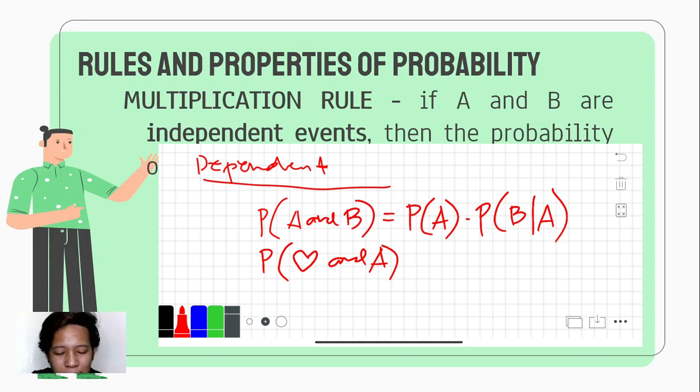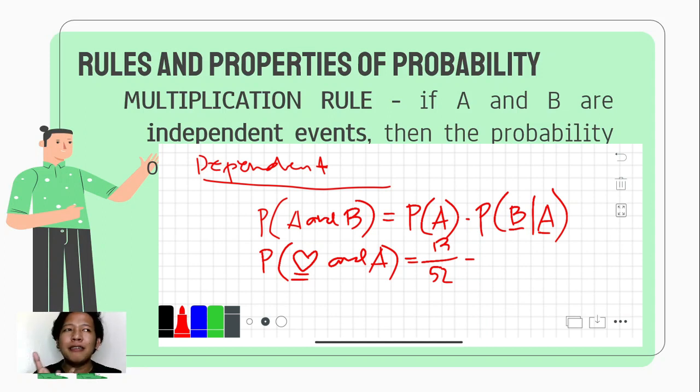So, we have the probability of getting a heart. That's our event A. The probability of getting a heart is 13 over 52 because we have 13 heart cards in the deck. And then, the probability of B such that A happens. Kasi for example, nakakuha ka na ng isang heart na card. Okay?